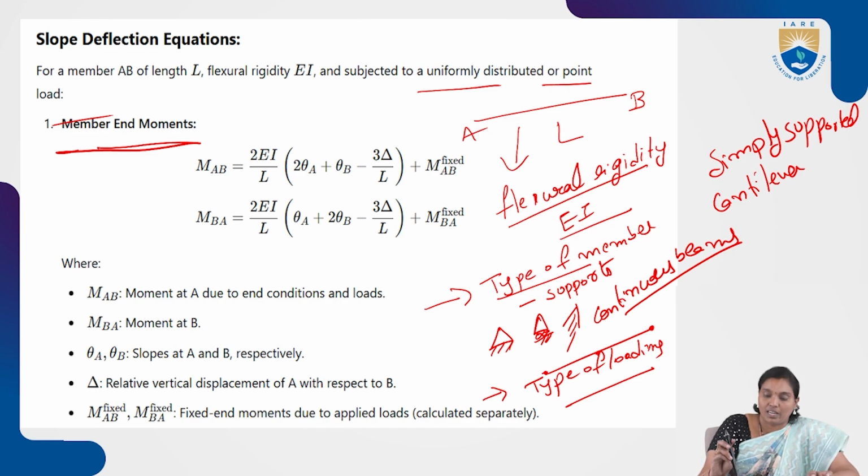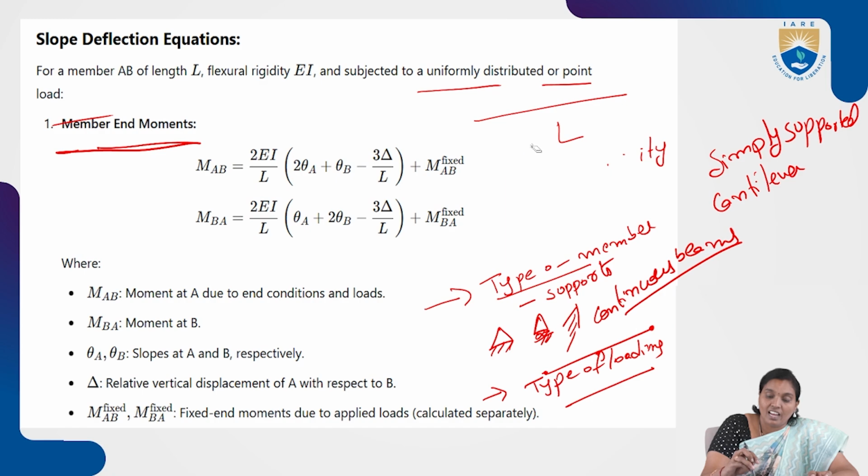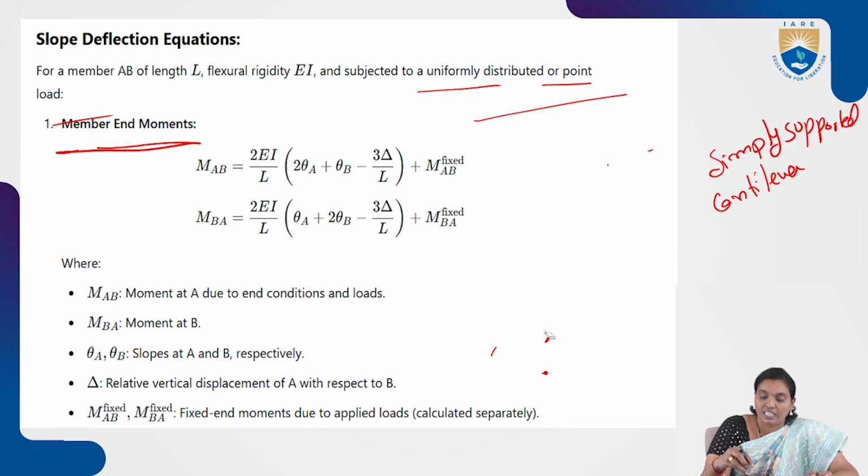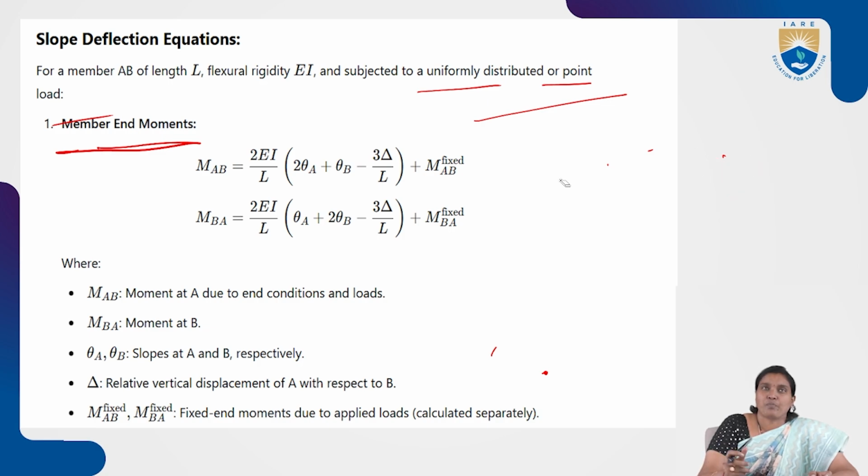That is nothing but these final end moments, which involve these slopes, the flexural rigidity, and the length of the member. These are all the parameters involved in getting the end moment.